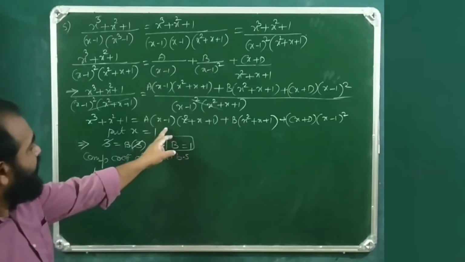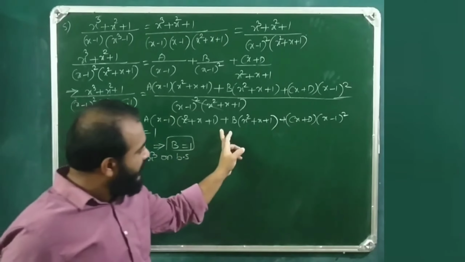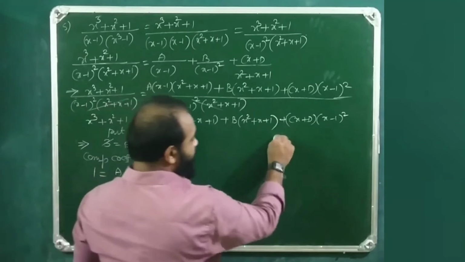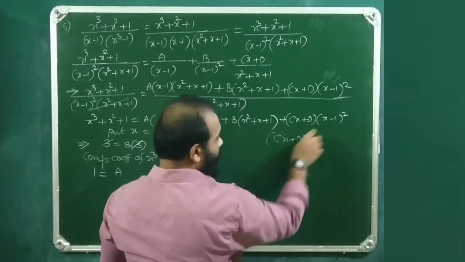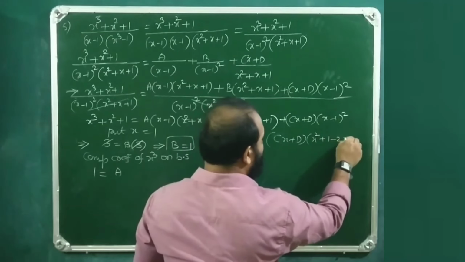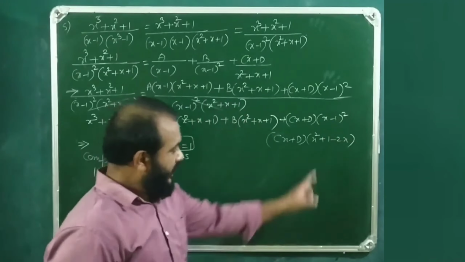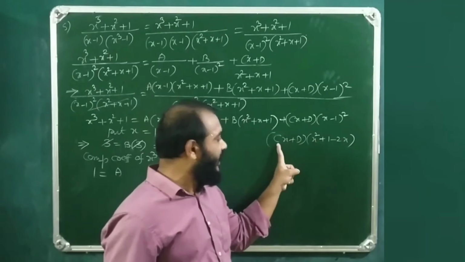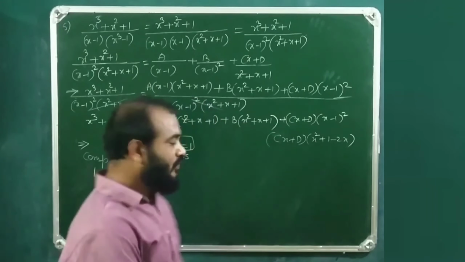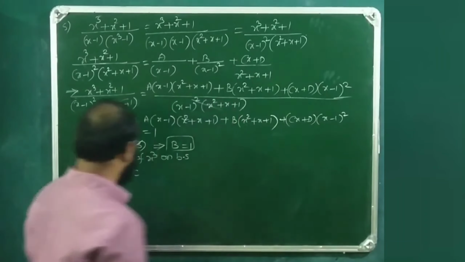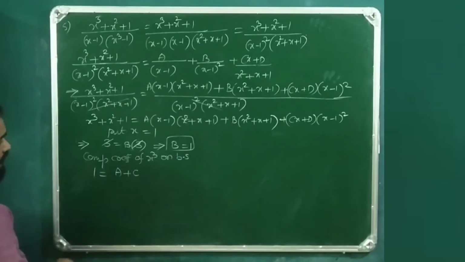On the other side, Cx into x square gives a Cx cube coefficient of C. So A plus C is equal to 1.